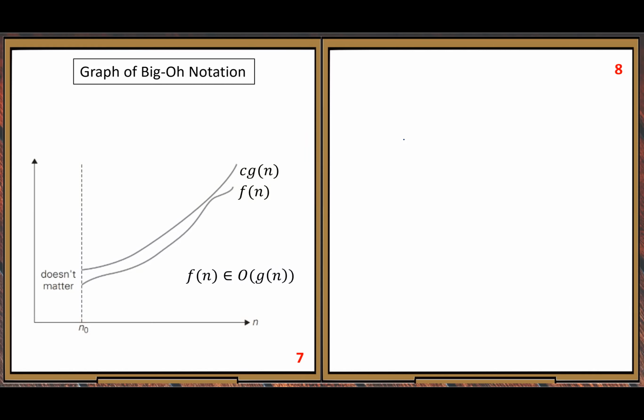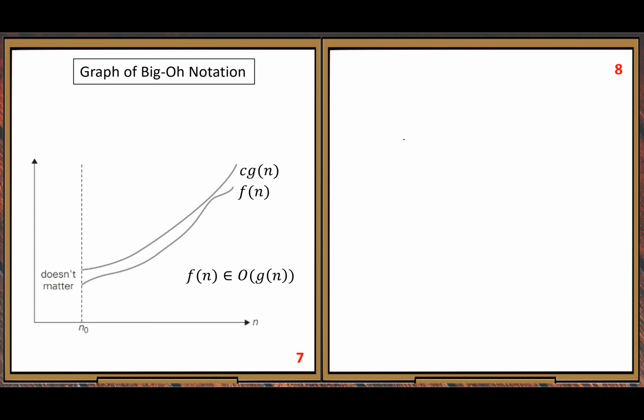Now, we want to use some upper bound for f of n. We want to use some upper bound to measure it. So what kind of upper bound do we want to use? Here, in this situation, f of n belongs to big O of g of n.